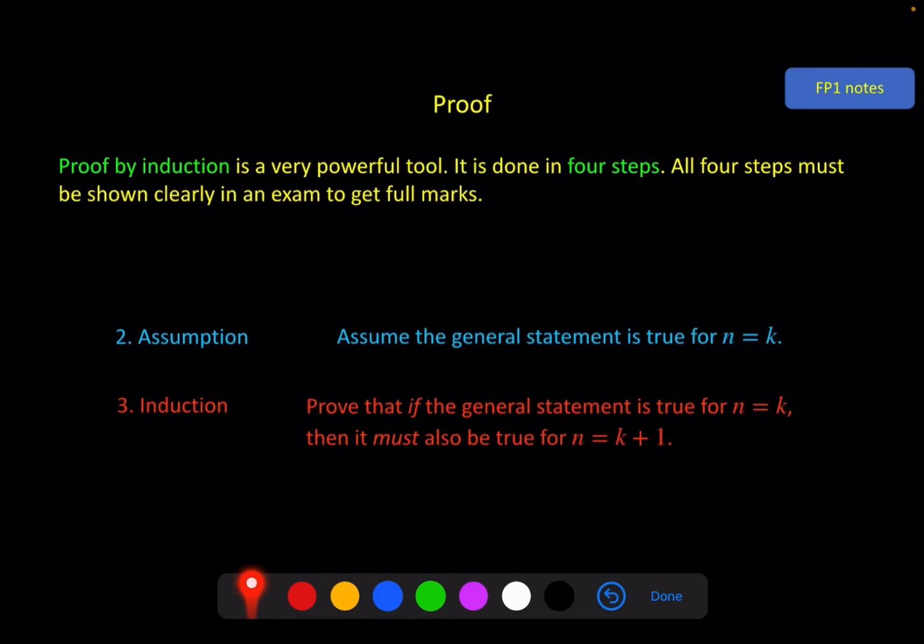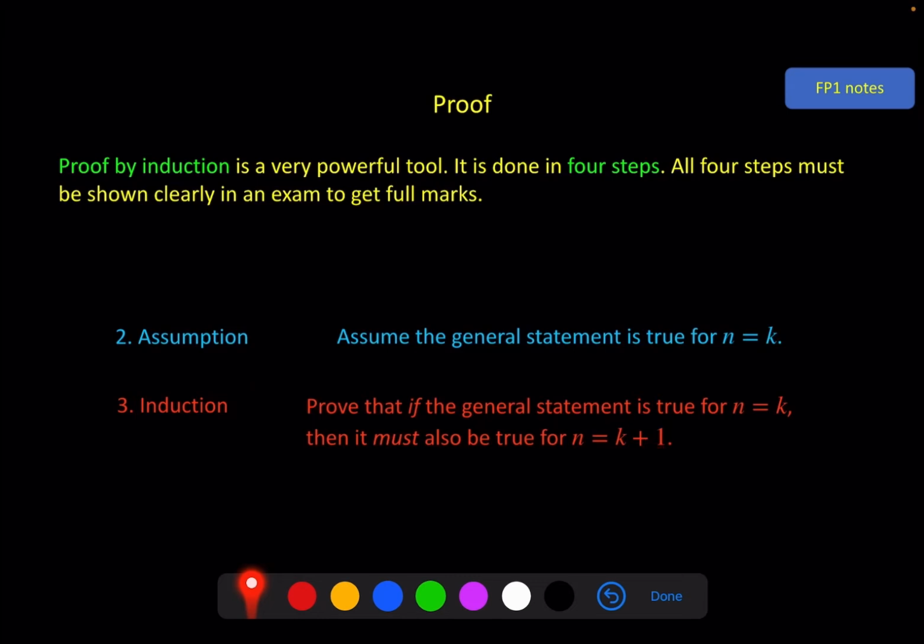So let me say that again. The proof here, the inductive step, we're going to prove that if the general statement is true for, say, n equals 7, if it's true for n equals 7, then it must be true for n equals 8.